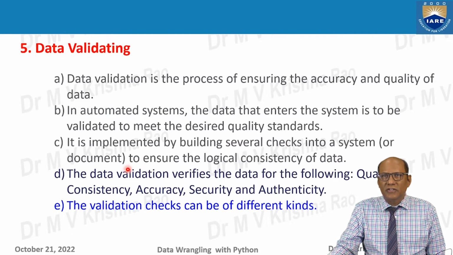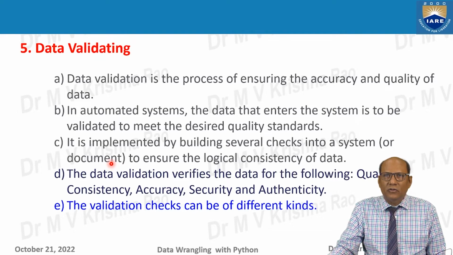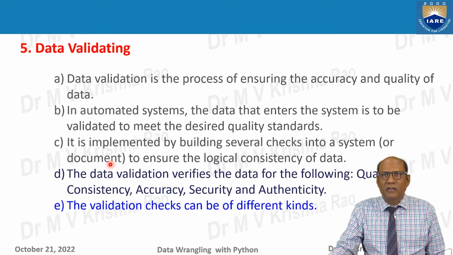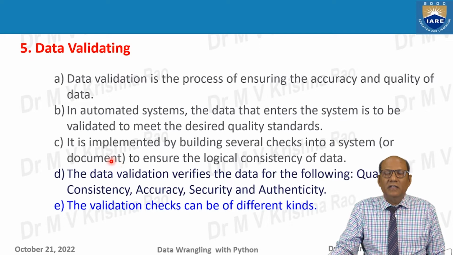So there is a system, or it can be a document also. You have already collected all those physical parameters and entered them into the document. And even after the data is in the form of a document, there could be errors.